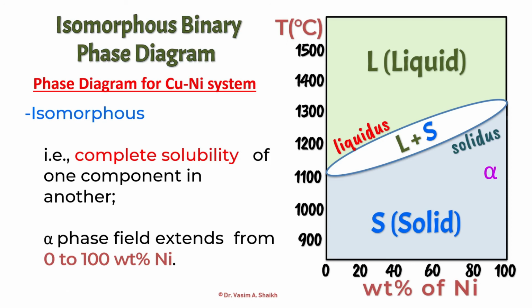So it is an isomorphous system, and of course this is binary, that means it is a two component system. So we call this a binary isomorphous phase diagram. I hope you understood what a binary isomorphous phase diagram is, and it is easier for you to understand now.